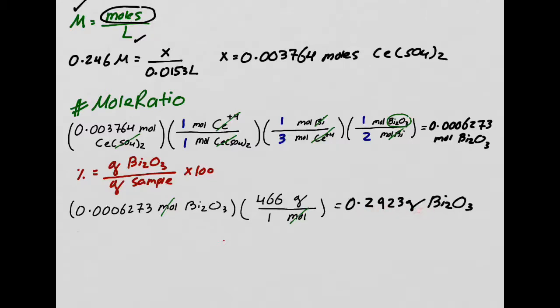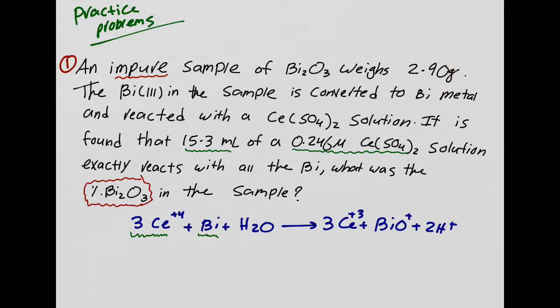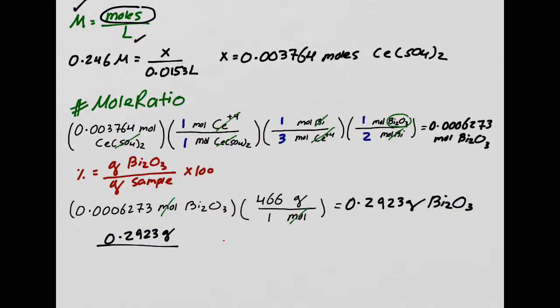So I have the grams of bismuth oxide, 0.2923 grams over the grams of the entire sample, which I come over here, it was 2.90 grams, times 100. What I end up getting is, and of course we have to care about sig fig. I know sig fig always comes back. 3 sig fig should be my final answer.